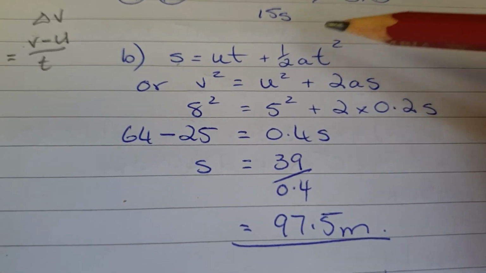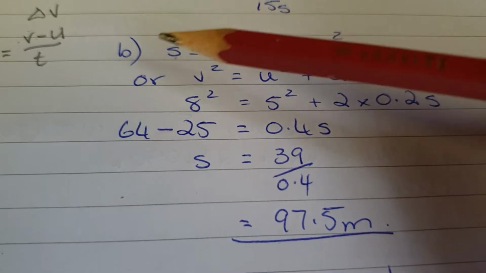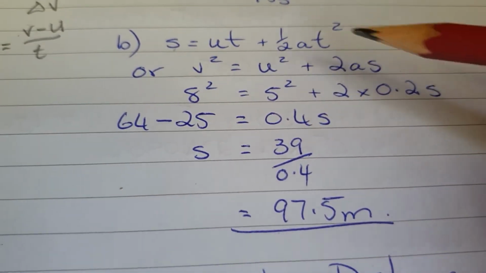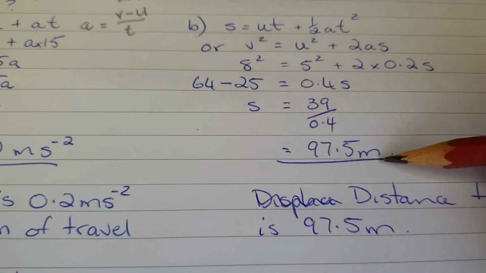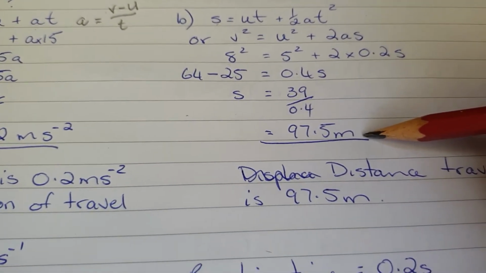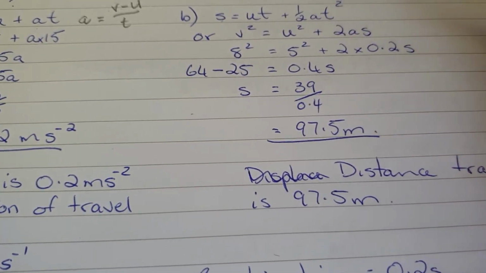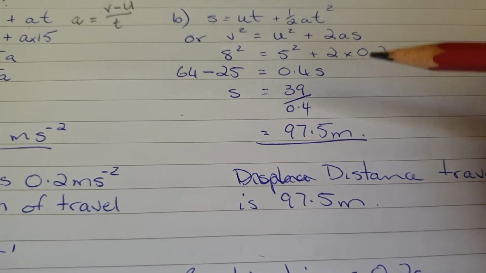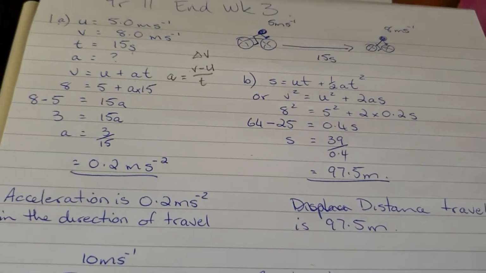Choose either one of those because you've got u, you've got t, and you've got a, so you can find s, or you've got v, u, and a, and you can find s. So that's not a problem. And you find it's 97.5 meters. Now the question asks for distance or how far, so you don't need to put in any kind of direction with that. It's just a straight out distance, 97.5.